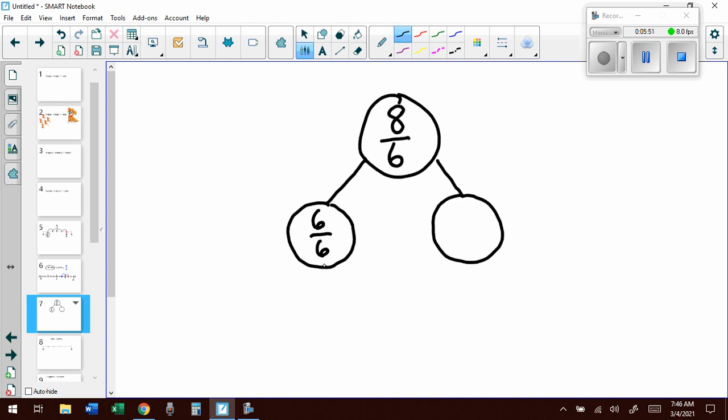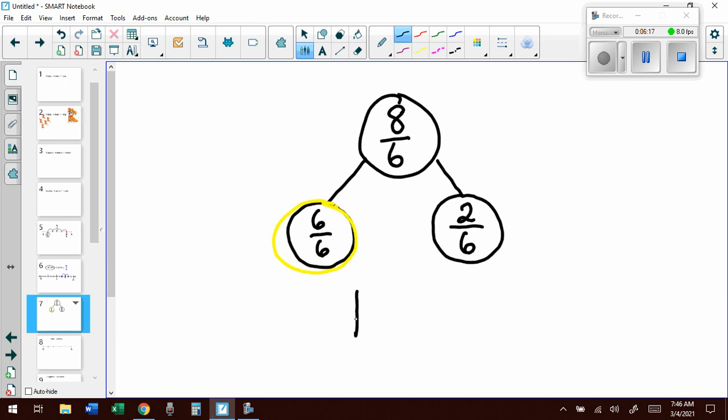6 sixths plus what equals 8 sixths? 6 plus 2 equals 8, and our denominator is 6. So writing this as a mixed number, how many wholes do we have here? How many 1 whole pieces do we have? We have 1 whole, and that's it.